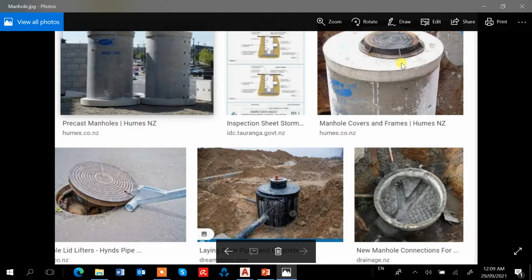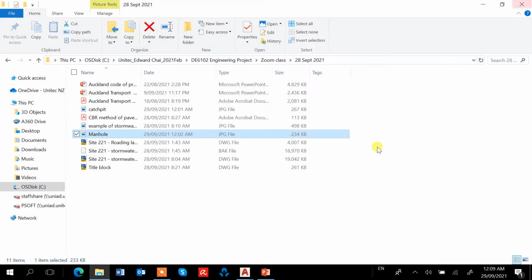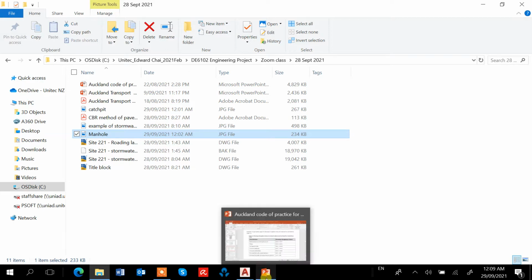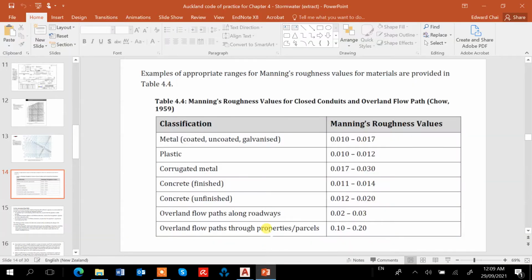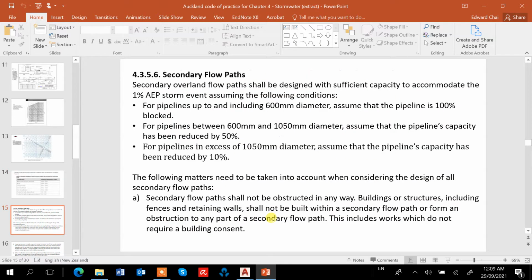Some of the covers could be heavy duty, and heavy duty ones could be put on the road, so they are able to carry the traffic loading. So we look at the requirement for the manhole. I think the manhole has to be spaced at 90 meter.